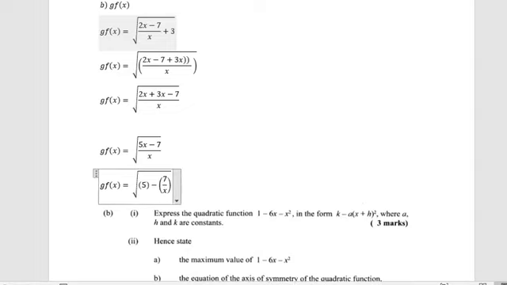Basically, it is 5 minus 7 over x. Ignore the brackets in the middle, so it is the square root of 5 minus 7 over x, and that is our final answer.